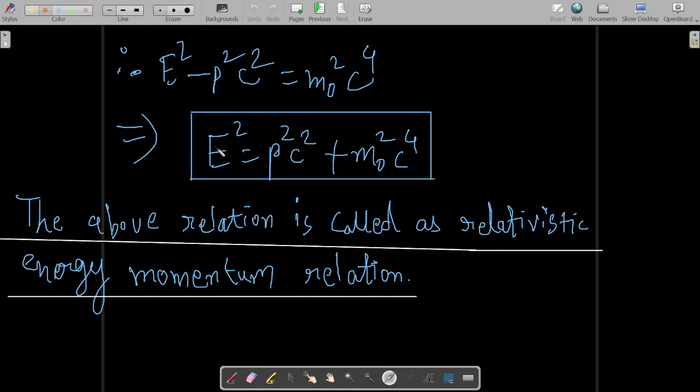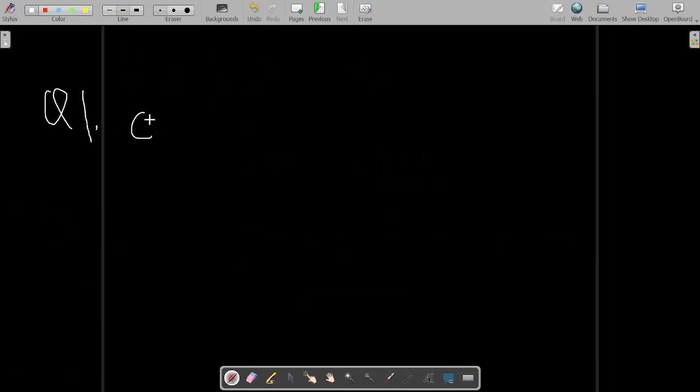Basic algebra. This relation is called the relativistic energy momentum relation. In this way, question 1C of 2013 Physics Optional Paper 1 is solved successfully.